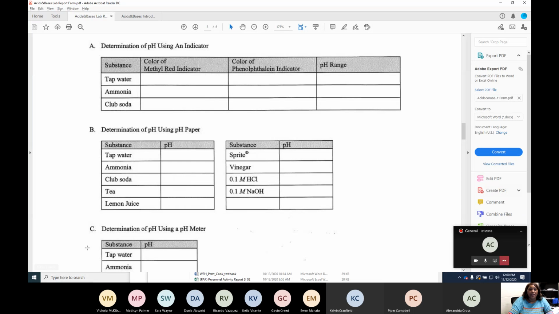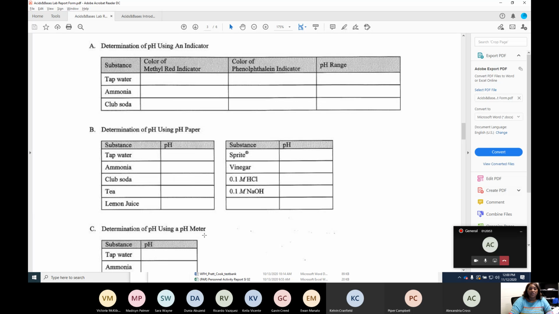But for the pH paper and meter, you give an exact pH value. With the pH paper, if you felt that it fell between two colors, like the color is green but it could be a little bit between 7 and 8, you may have some answers that are a range, or some answers that are just one pH value. With the pH indicator and the pH paper, I don't expect more than 1 decimal place, or just a whole number.